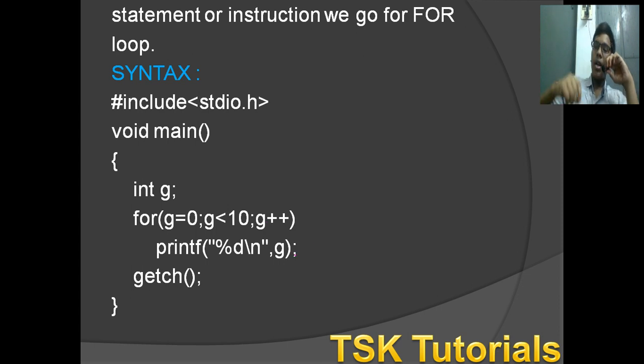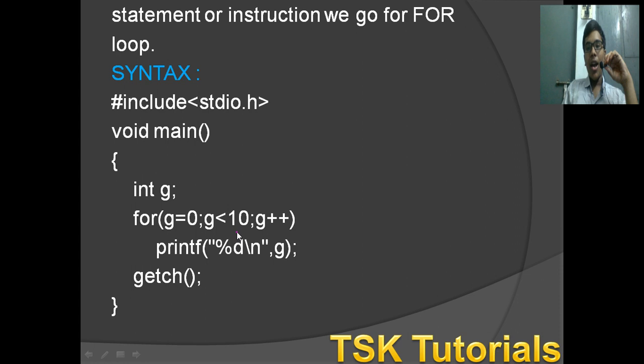That's what g plus plus indicates. Means 1, 2, 3, 4 like that. Till where I have to increase my digits, my loop should run till g is less than 10. The integer less than 10 is 9. So till I attain the value 9, my loop should run, means I have to get 9 in my output.